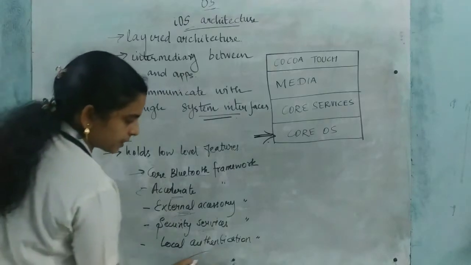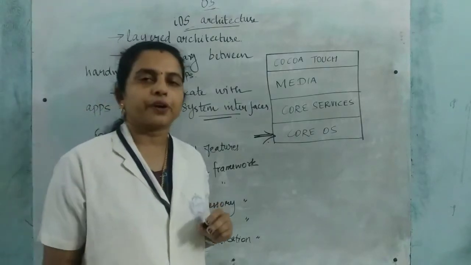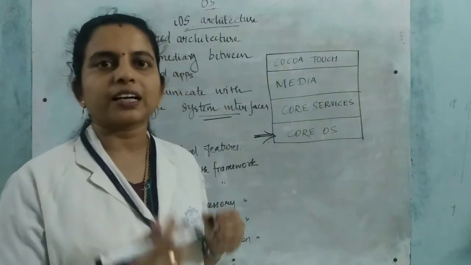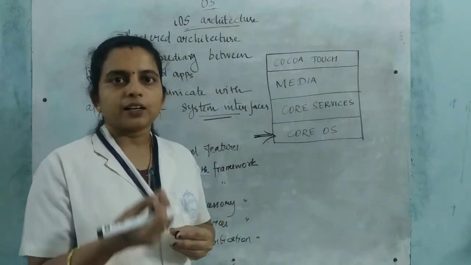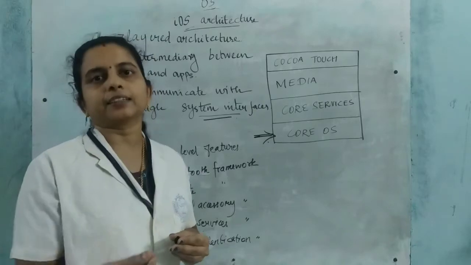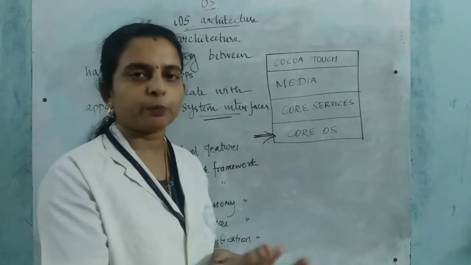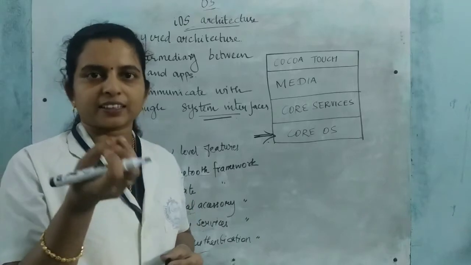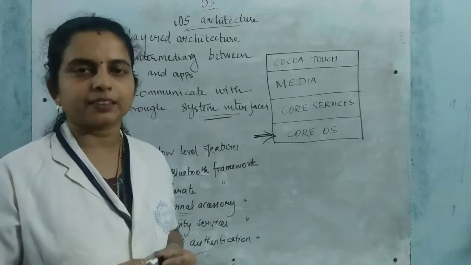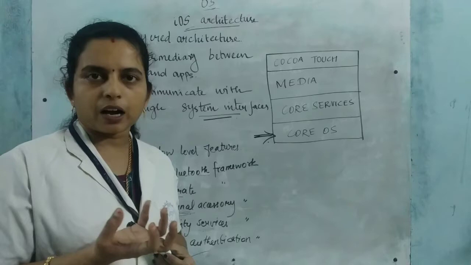And the last one is local authentication. You all know about authentication, right? Only authenticated persons can enter and use that particular thing. Some apps will be protected, so children or people below a certain age cannot use them. Only authenticated persons can use that app, so we are making it like that.